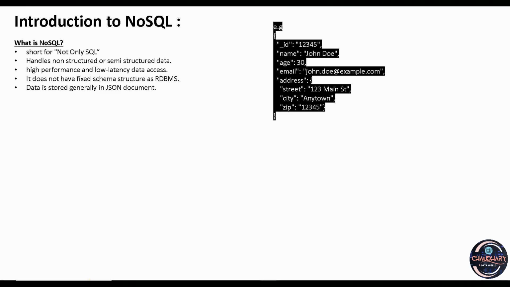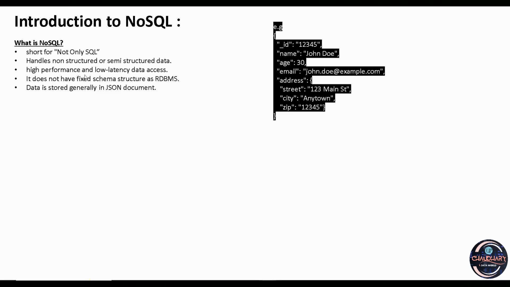If you insert some new column into it, it will throw an error that the column was not found in that particular object. But this is not the case in NoSQL. You will be able to put even data which has some more columns apart from whatever you were providing previously. So it handles non-structured and semi-structured data.